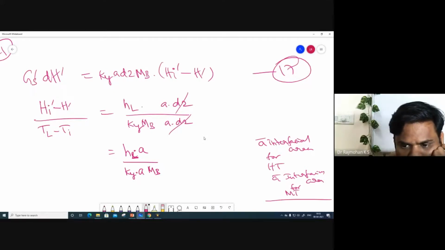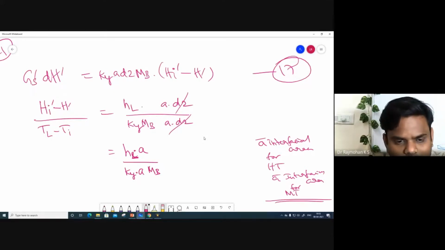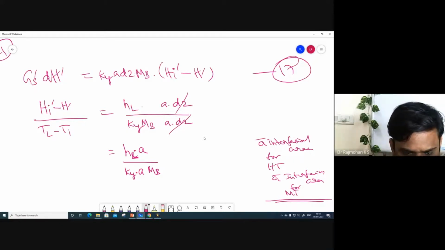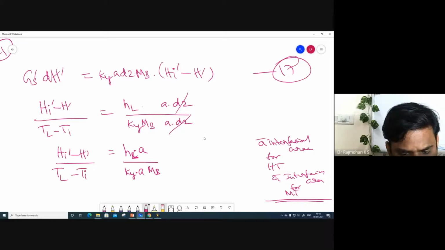But we don't do that here. For derivation purposes, we keep it. hL a by ky a Mb is kept as it is, and we have (Hi' minus H') by (TL minus Ti).